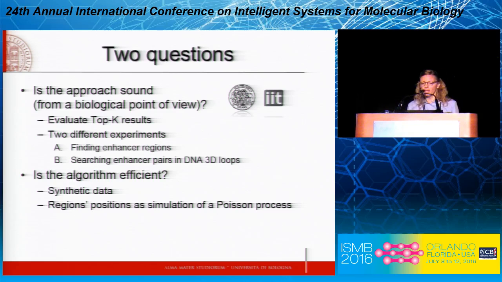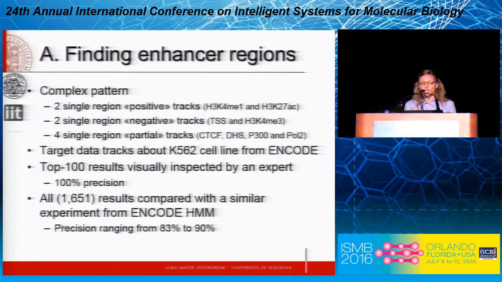So let's start with the validation from a biological point of view. Our answer was a multi-track interdistance matching, what we call a complex pattern, composed of two single region positive tracks, two single region negative tracks, including a TSS because we want at least 20K bases of distance between each region, and four single region partial tracks.